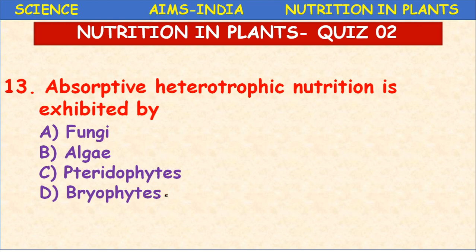So what is the right answer? Absorptive heterotrophic nutrition means saprophytic nutrition. So here the option is A. Among all these, the non-green plant is fungi. So absorptive heterotrophic nutrition is exhibited by fungi.